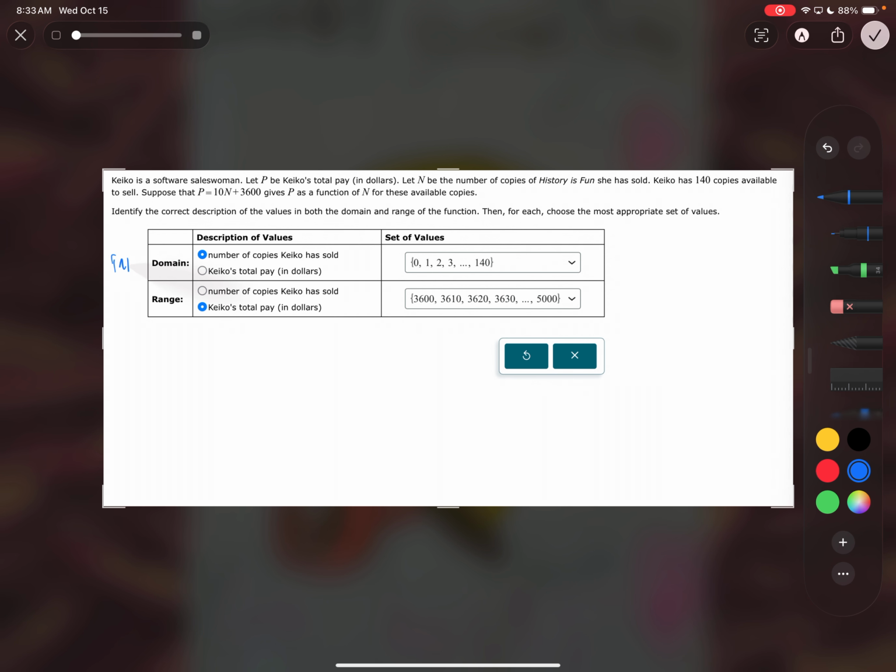This is my input, and this is my output. Your smallest number that you could sell is 0. So 10 times 0 plus 3,600 would be 3,600. So no matter what, Kiko is going to get paid 3,600. That's her base salary, right?